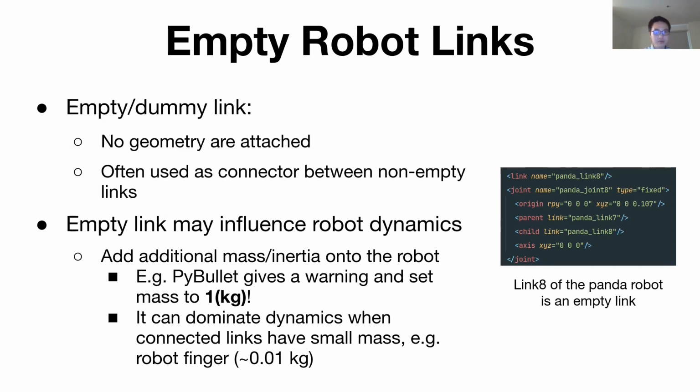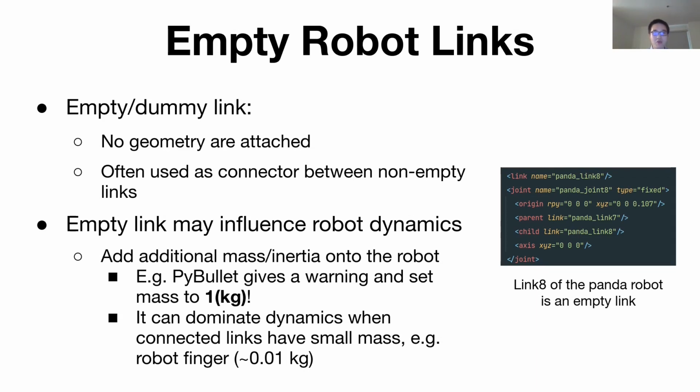For example, they may add additional mass and inertia onto the robot. Here, for an empty robot link in a URDF file loaded by PyBullet, it will actually give it a mass of 1 kilogram. And it will also spit out a warning to your console. Well, a typical robot finger is actually about 0.01 kilogram.